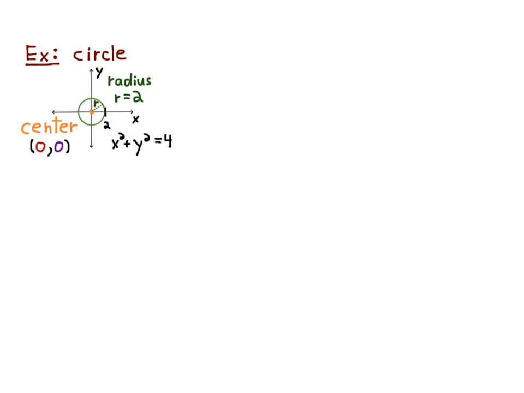It satisfies the formula x squared plus y squared equals 4. 4 is 2 squared, and that's (x minus 0) squared plus (y minus 0) squared, right? So you don't need the minus zeros in there. That's standard form for the equation of a circle with center at the origin and radius 2.